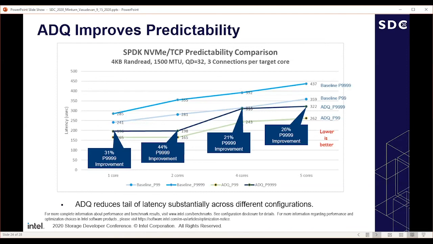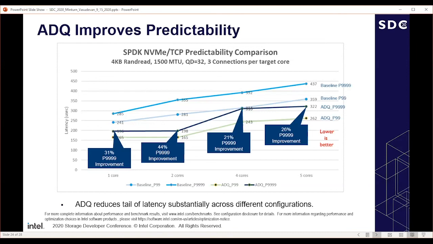And you can see here, for instance, that at its peak with ADQ, where you were getting 2.8 million IOPS per second with 5 cores, the P99 latency is, in this case, 262 microseconds, which is a really good number at P99, and the P49 is 322 microseconds.